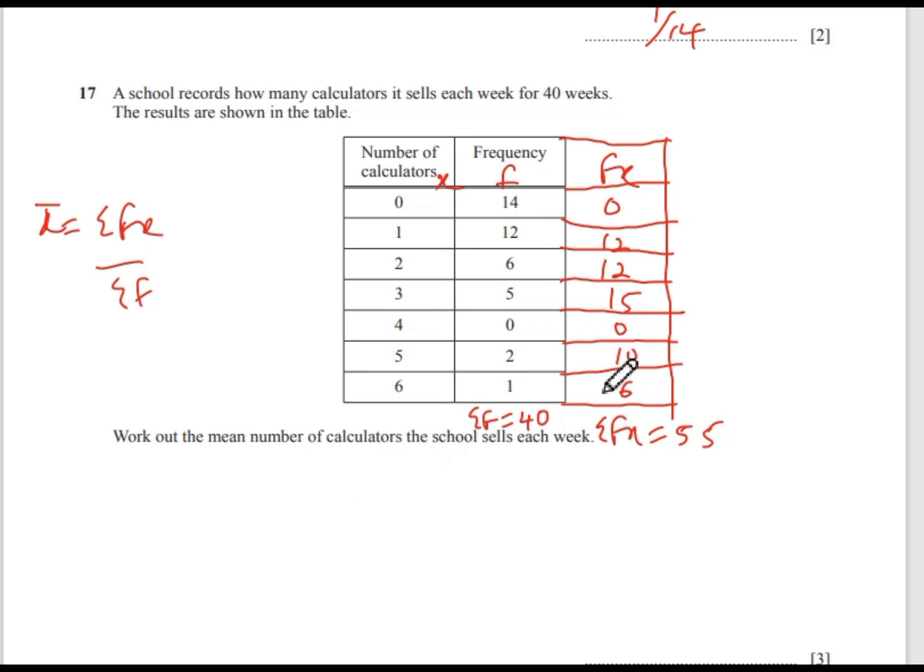So the mean, which is summation Fx divided by summation F, is 55 divided by 40.